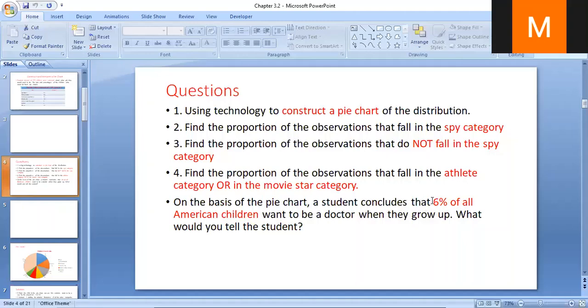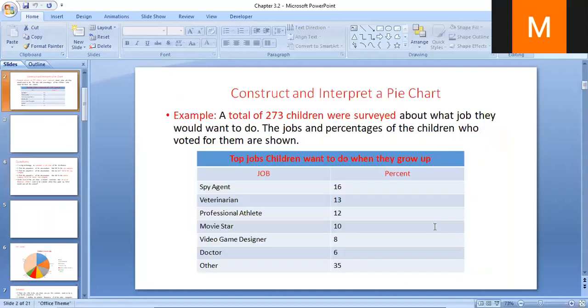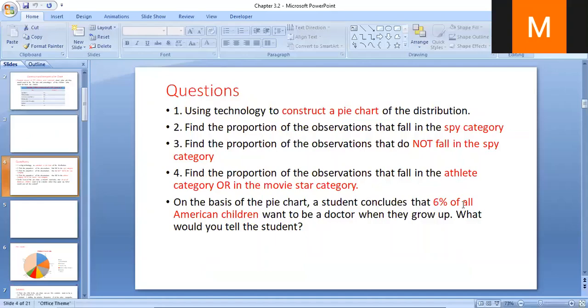But the student says that 6% of all American children want to be a doctor. If you look here, there are only 273 children in the survey, of which 6% want to be a doctor.